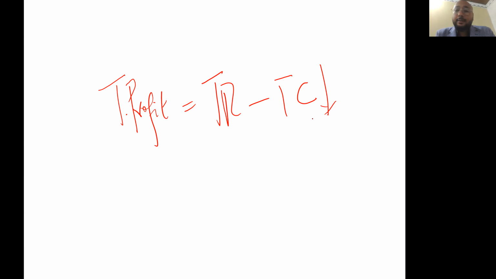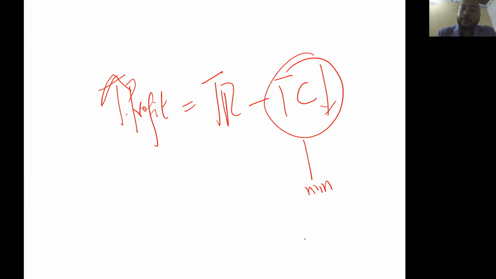In that case, we have a maximum profit. So we should produce where cost is minimum, and cost is minimum at efficient scale. Right?